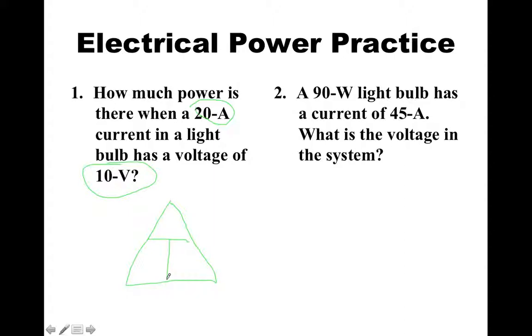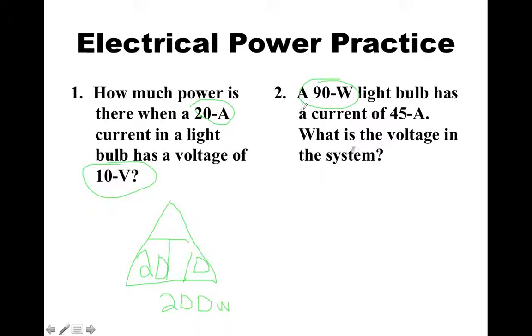Okay? So over here, I and V are on the bottom. So I'm going to put a 20 here. And I'm going to put a 10 here. So when I calculate these two, 20 times 10, I get 200. Now, it's asking for power. So my unit for power is W. It's watts. Okay.